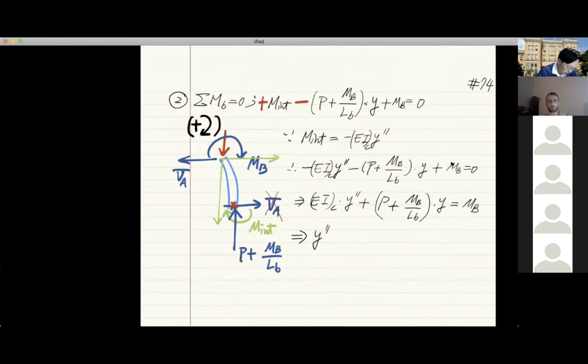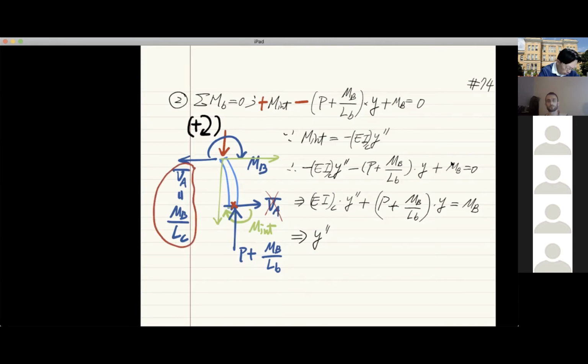Okay, I think that is because here, we don't consider this VA here, but the other VA here is MB over LC, right? So we don't consider this VA here, but we have to consider this VA here, which is this one here.